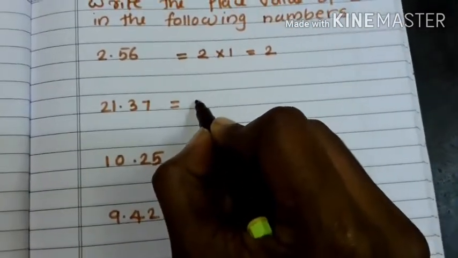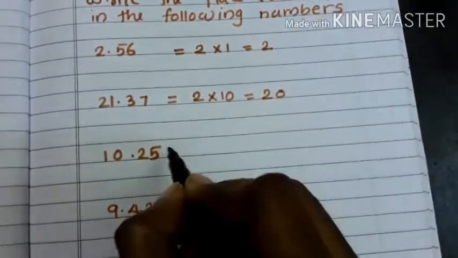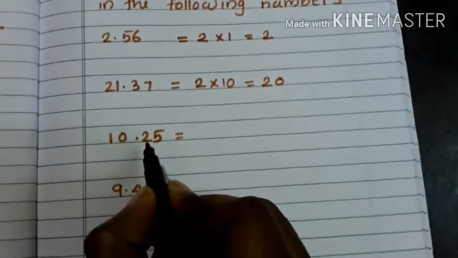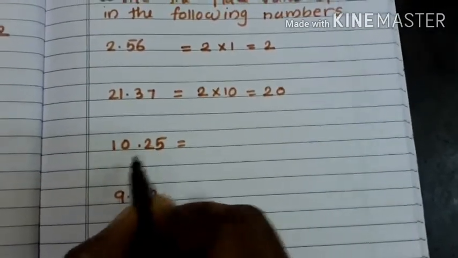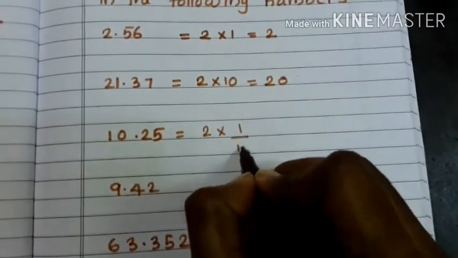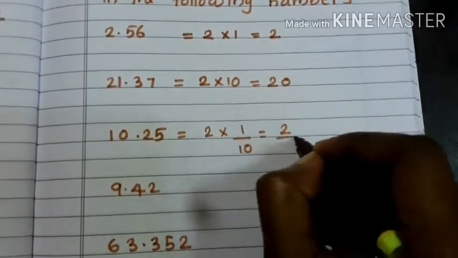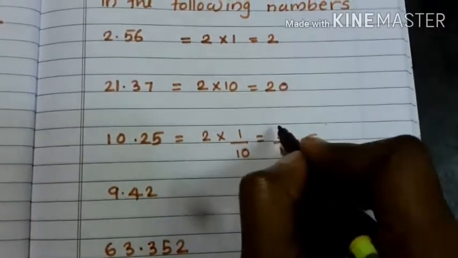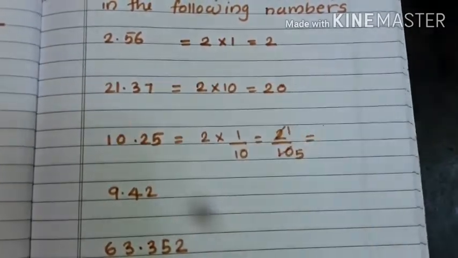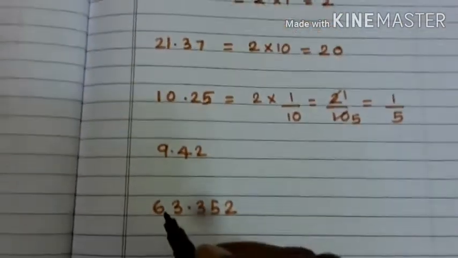So we write 2 into 10 which is equal to 20. Then next one, 2 in which place? 1 by tens place. So 2 into 1 by 10. Here 2 by 10, we have to cancel this by 2. 1 by 5. So 1 by 5 is the answer.